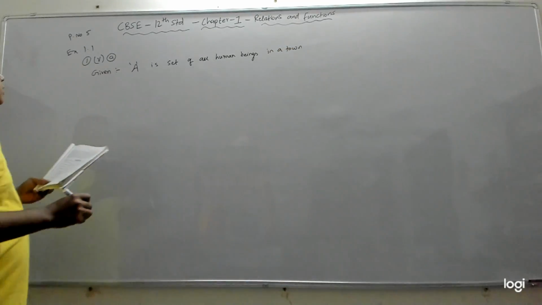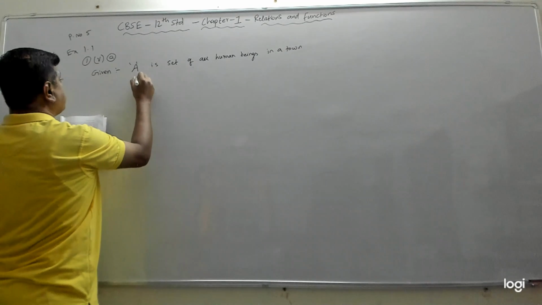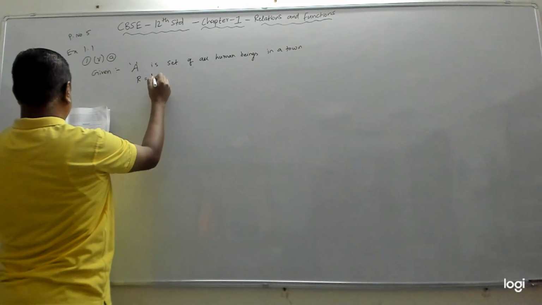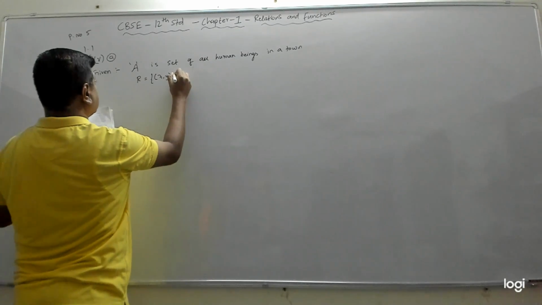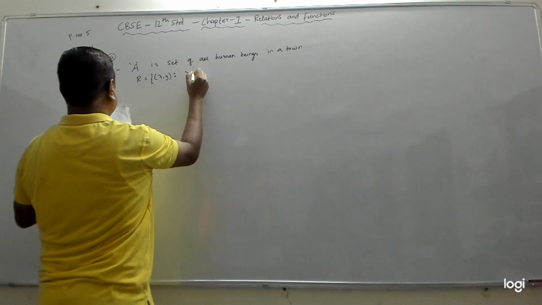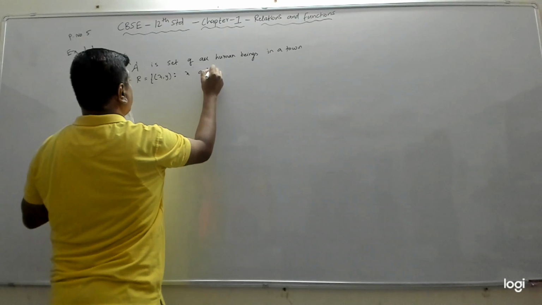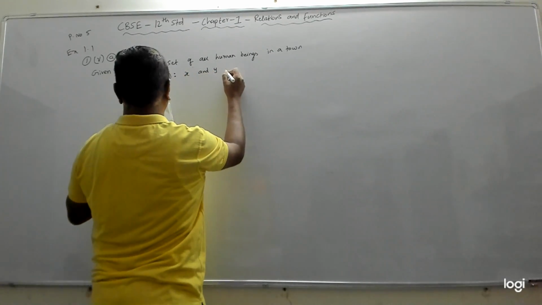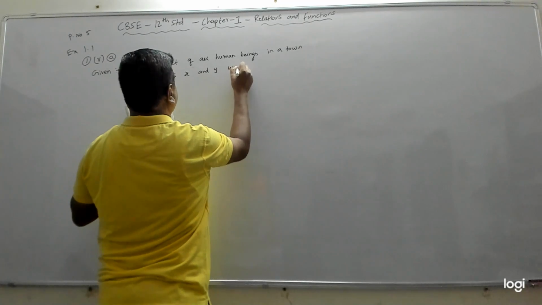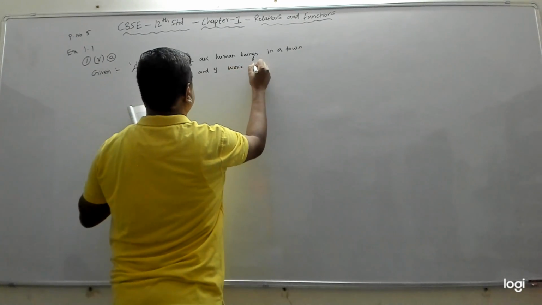That is how set A is, and the relation R that is defined on the set is R equal to the set of all x comma y such that both x and y work at the same place.